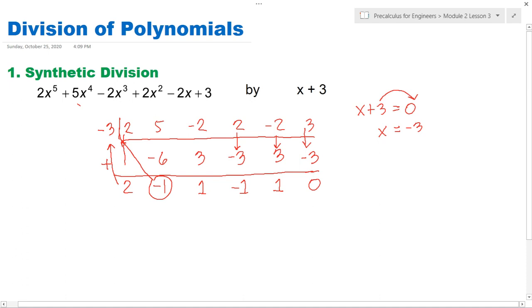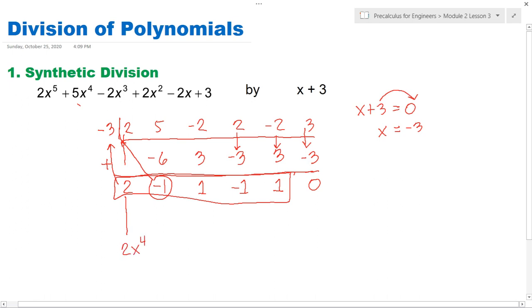In getting the final answer, base your answer on the resulting numbers below. Again, the degree of your answer is 1 less than the degree of your dividend. Since the degree of your dividend is 5, your answer will start at 4. The first coefficient is 2, so you have 2x to the 4th.